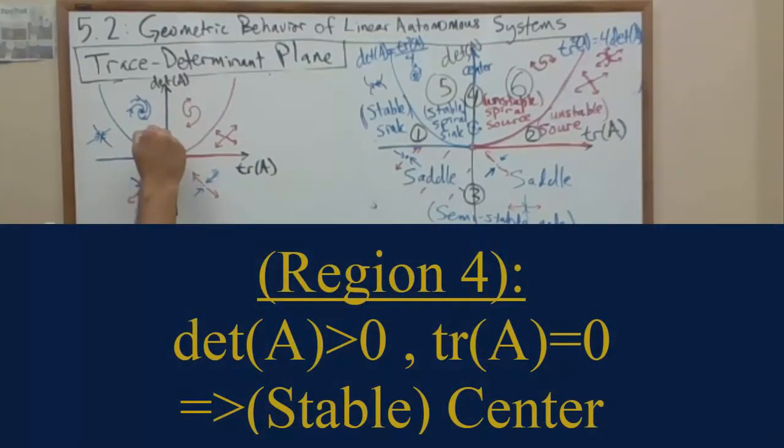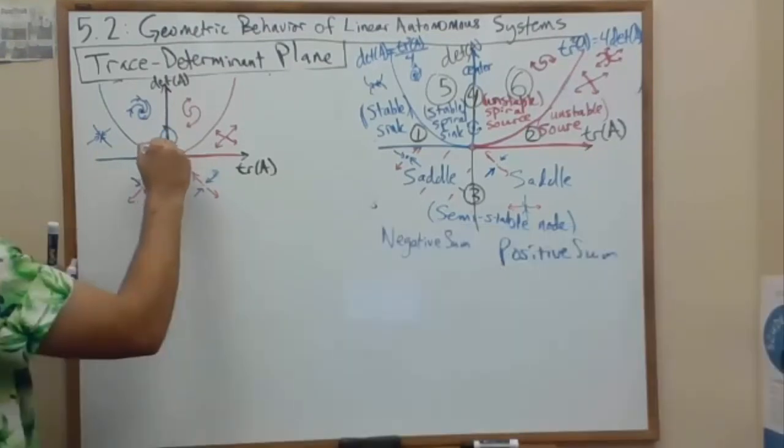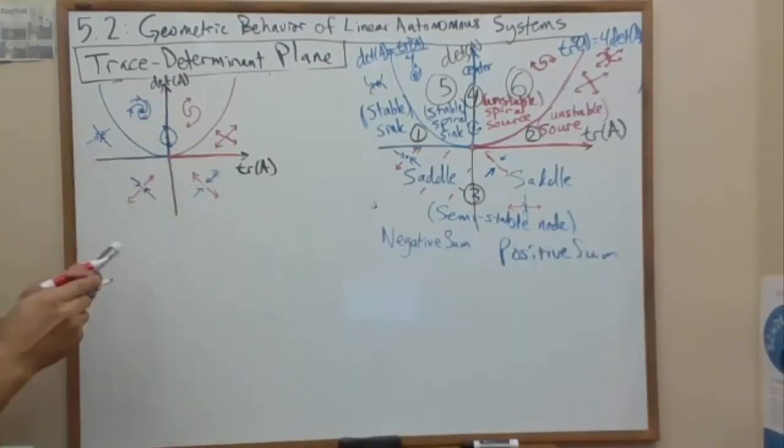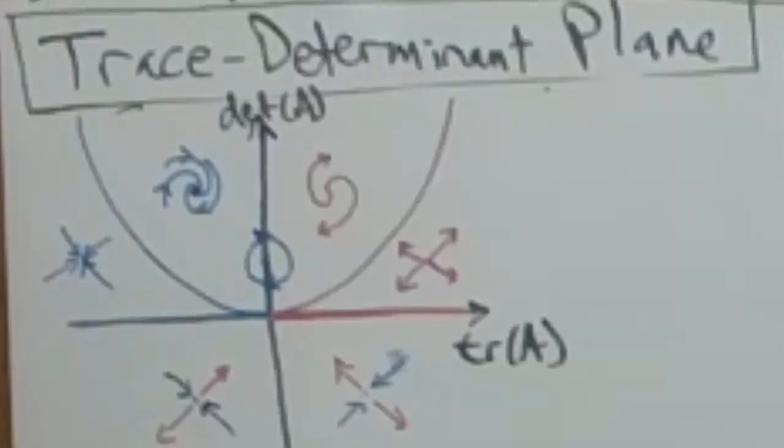And right in the middle, our centers. So here is a more succinct form of the trace-determinant plane describing the behavior of our major 6 regions and other pieces. So we have the saddles, the semi-stable region down the bottom.